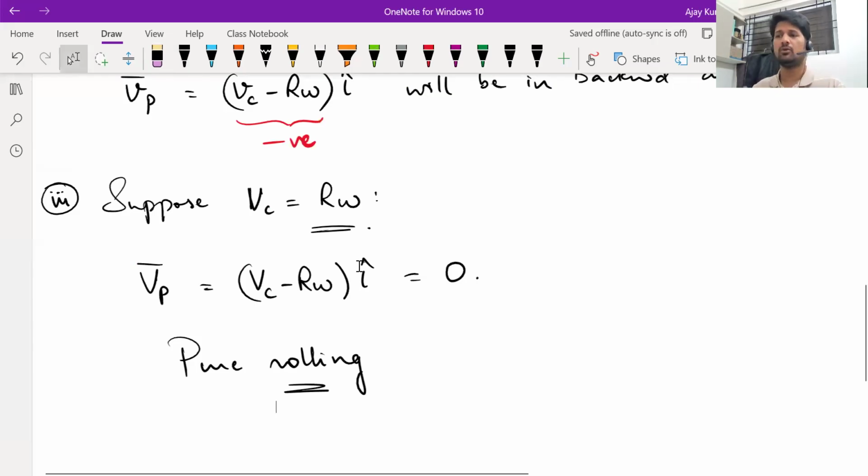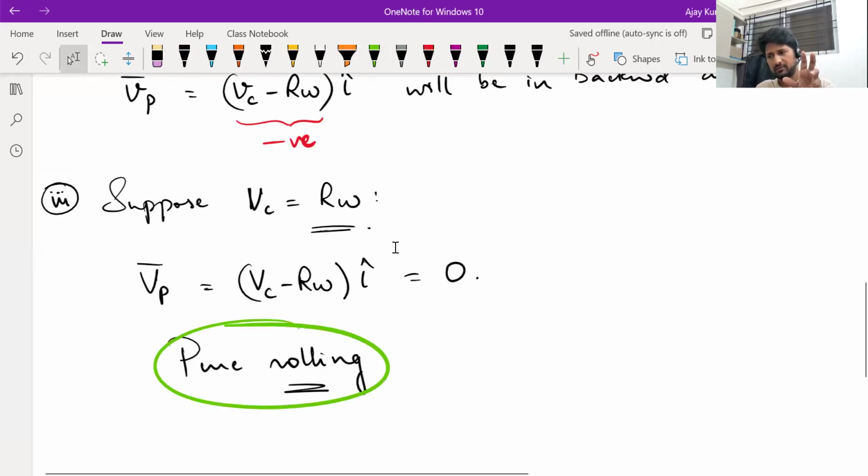So in this case, there won't be skidding. This is what usually happens when you drive a vehicle without skidding. Whether you are riding a bicycle, bike or car, if the tires are not skidding, it means the tire is in pure rolling. The wheel will be rotating as well as translating, but the point of contact will be at rest.